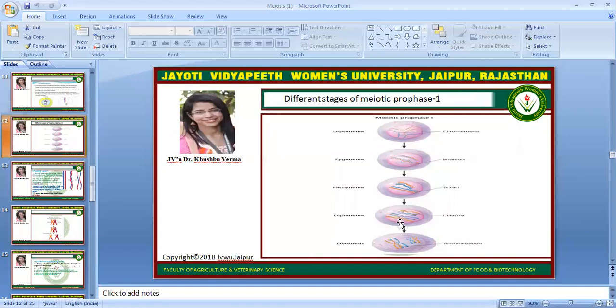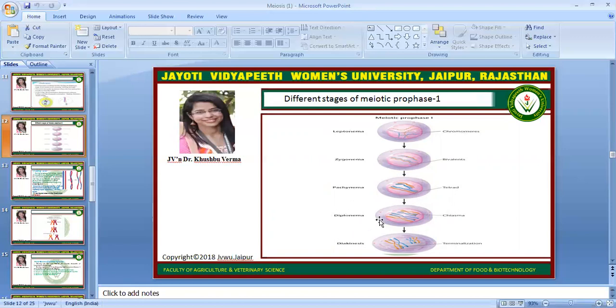This is the flow diagram where we can find the different stages of meiotic prophase 1. As I told you, first is leptotene, where chromosomes start to condense and become separated. Here no bivalents are arranged. Next is zygotene, where bivalents will be generated. Next is pachytene, where tetrads are formed, or you can say synapsis will occur.